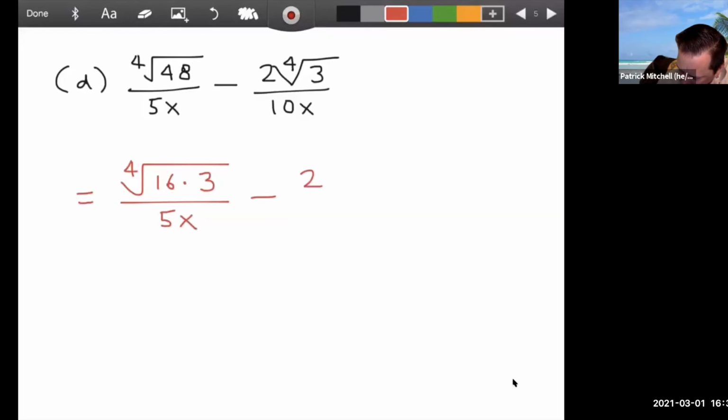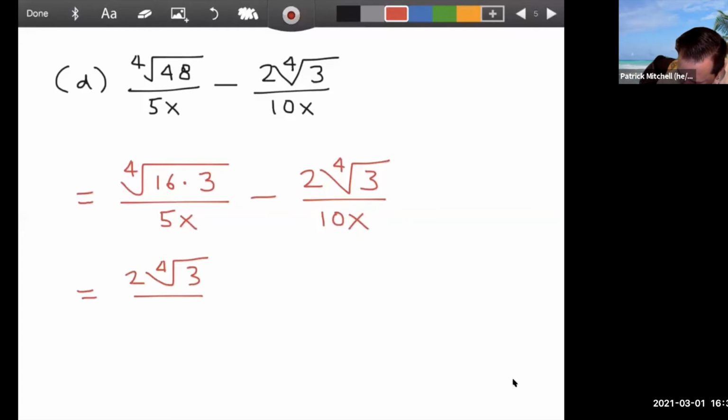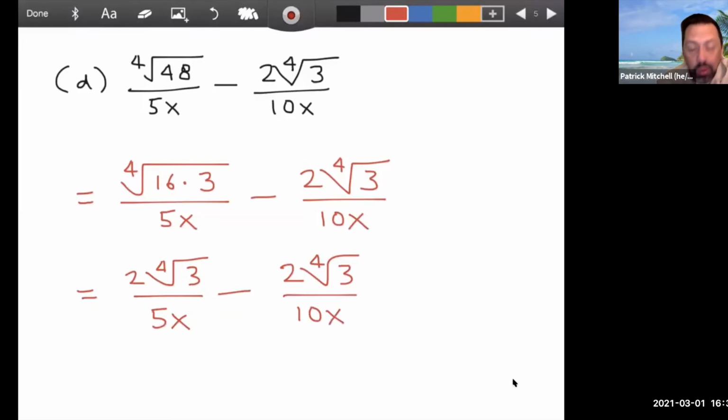This one is fine just the way it is. Okay, the fourth root of 16 is 2. So we have 2 times the fourth root of 3 over 5x minus 2 times the fourth root of 3 over 10x. All right, so the only thing that's stopping me from being able to subtract those fractions is they don't have the same denominator.